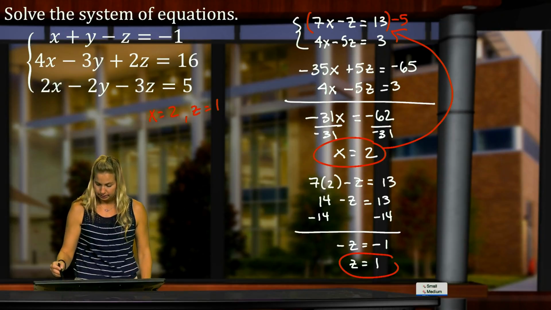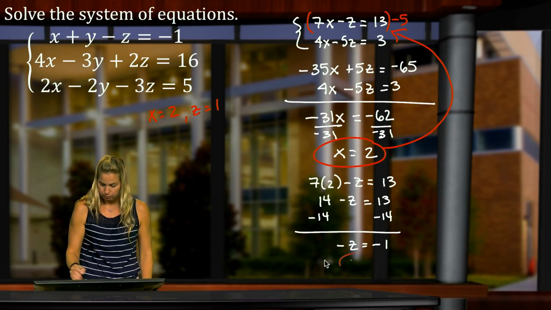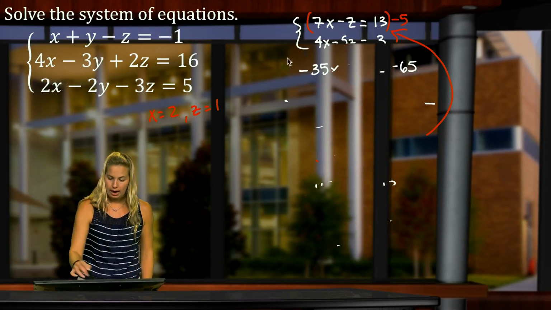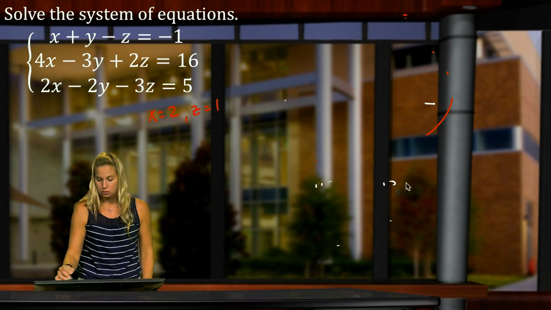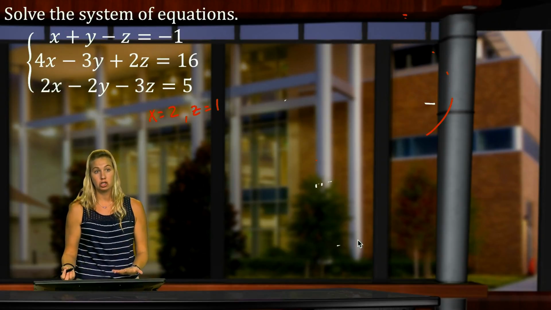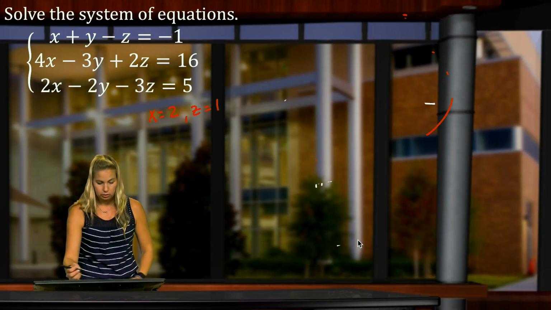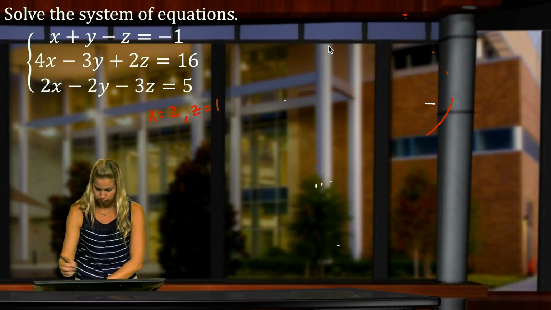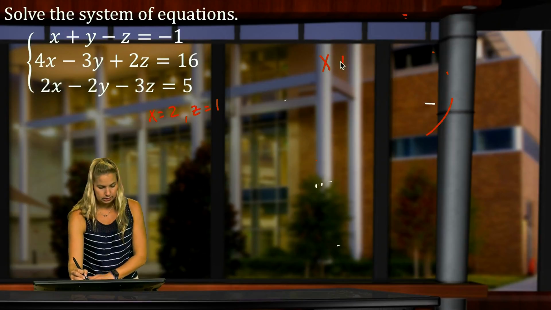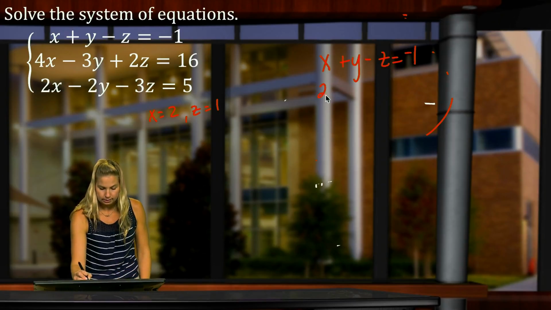I'm going to erase this so that I have some more space. And I'm going to plug those two values into one of my original equations. So using x plus y minus z equals negative 1. X is 2.